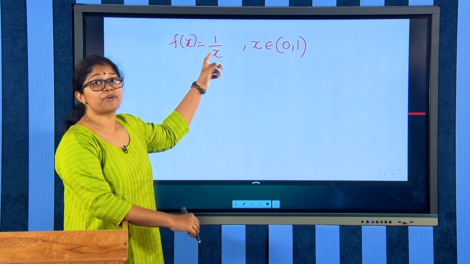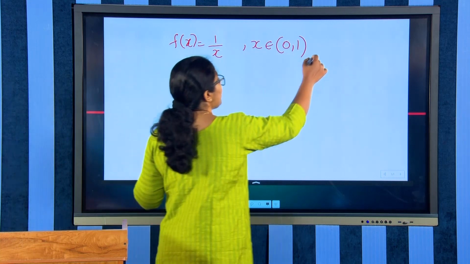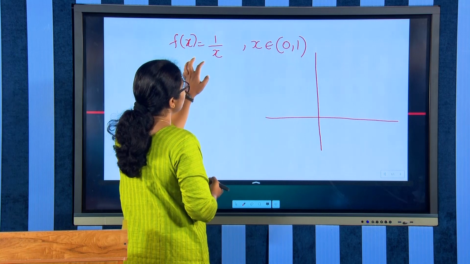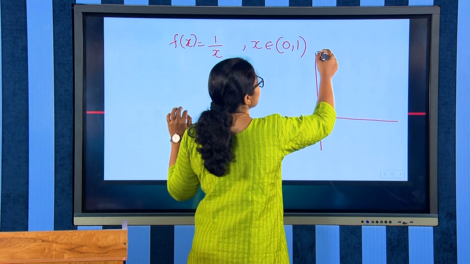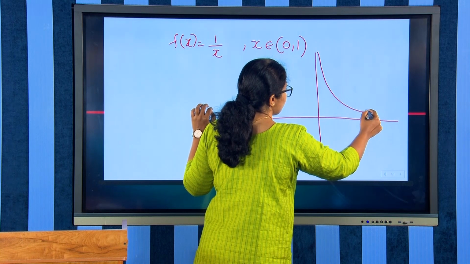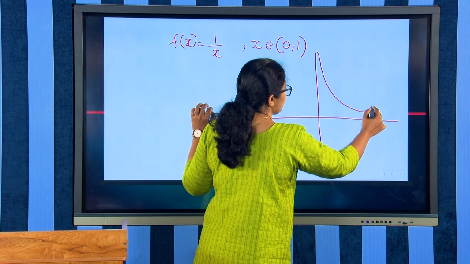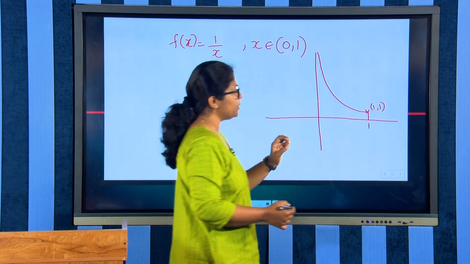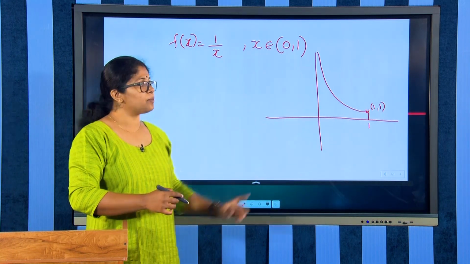When we look at the function f of x, we can have a graph something like this. The function f of x is equal to 1 by x in this interval. It is going like this. This is the value 1 corresponding to 1. I am not considering the scaling here. Suppose that is the point (1, 1).